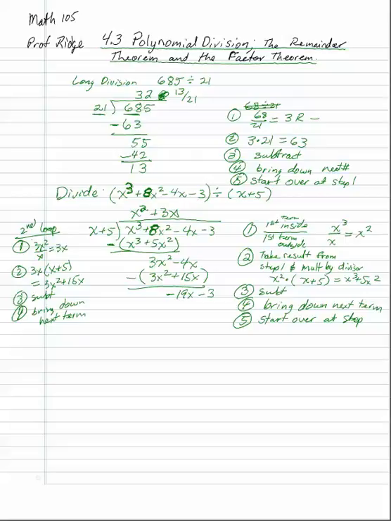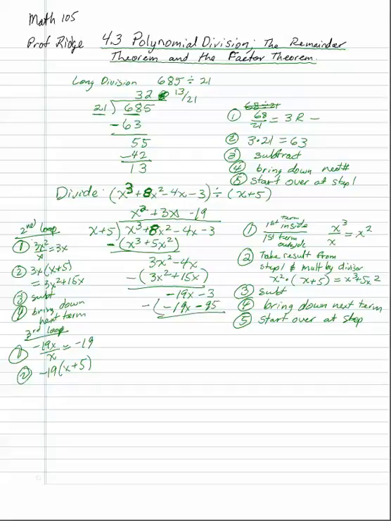So now we're going to do a third loop. And I'm not going to write it down. I'm going to do the first term, negative 19x. Well, negative 19x divided by x is negative 19. So we write that down. Then you're going to multiply negative 19 times x plus 5. That's negative 19x minus 95.